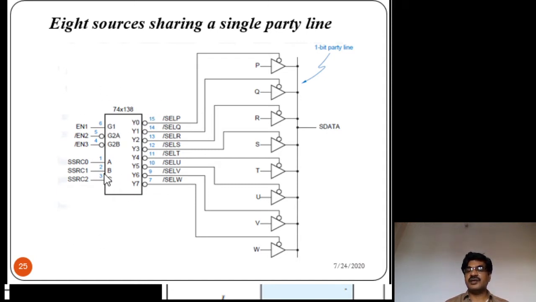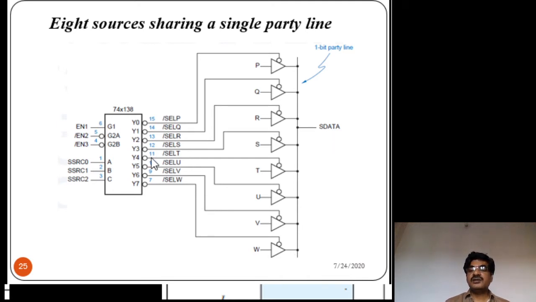The decoder outputs act as enable inputs for all the tri-state buffers, and P, Q, R, S, T, U, V, W are the 8 sources. These 8 sources use a single common bus to transmit the data.